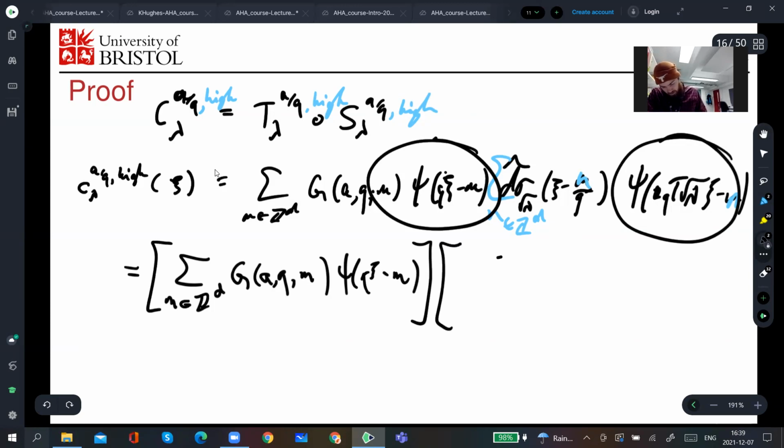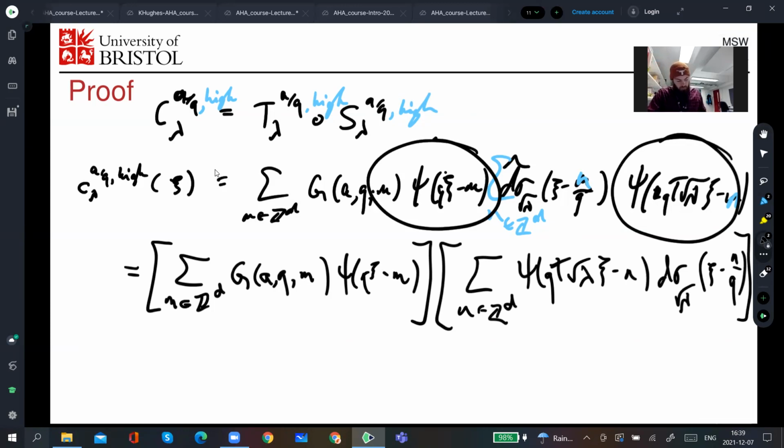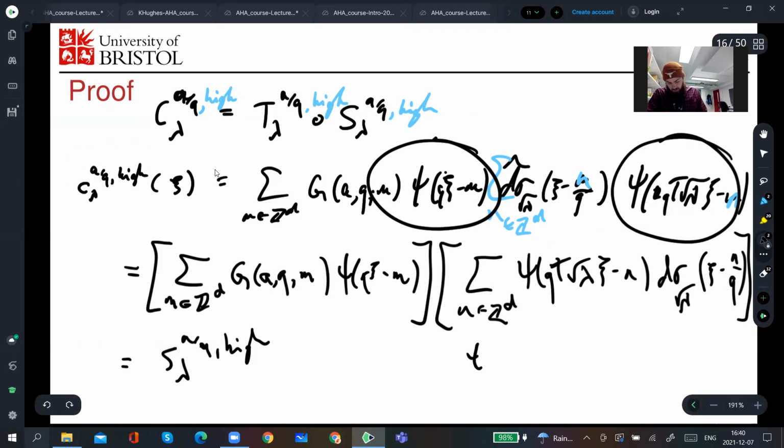And then my second part is the sum over N in ZD of psi of QT square root lambda C minus N, and then D square root lambda C minus N over Q. I'll call this little s A over Q of lambda, and call this other one little t of lambda A over Q.